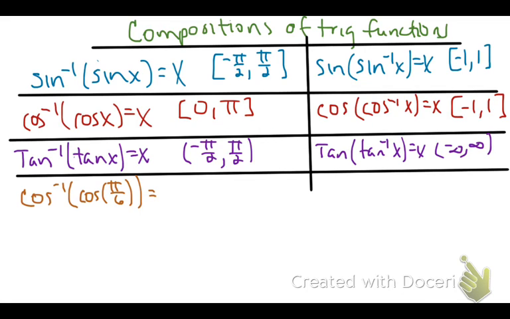Since it is within that domain and we are taking inverses of each other, everything cancels and we get back our x, which in this case is pi over 6.